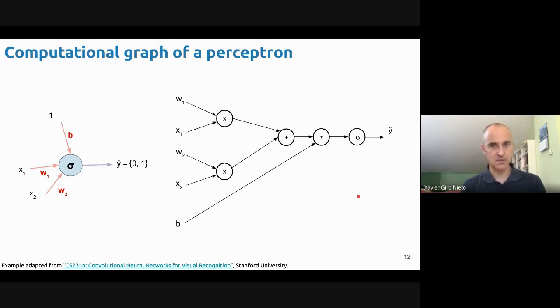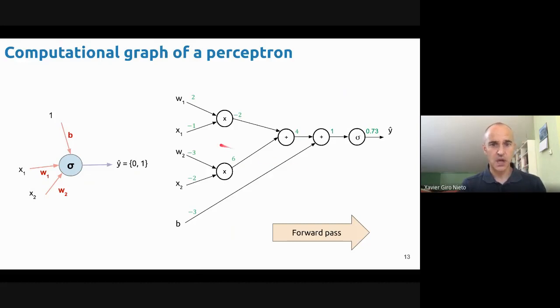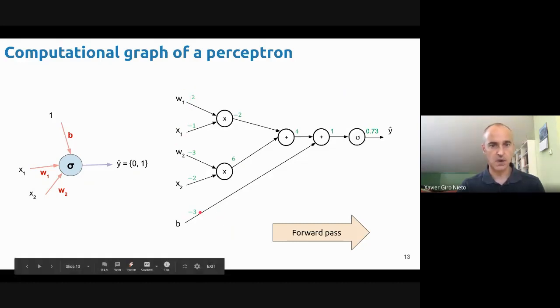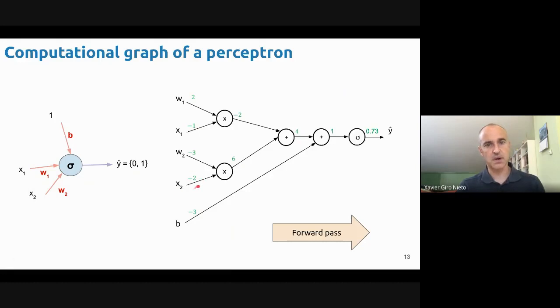Now let's imagine one simple example in which I set values to the input weights and the input data. These are the input weights and the bias, and I set some arbitrary numbers. Some arbitrary numbers for the input data too, and if you follow the computational graph, what I'm drawing at each point is the result of all the operations.